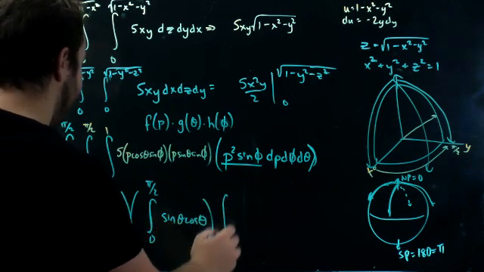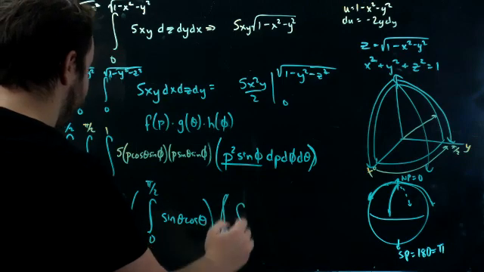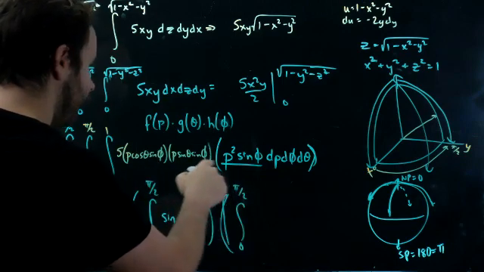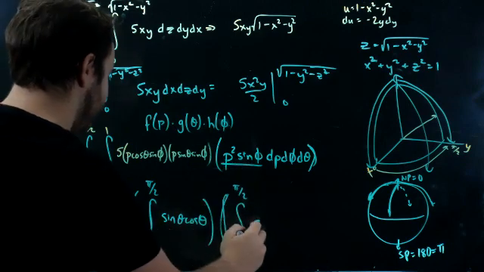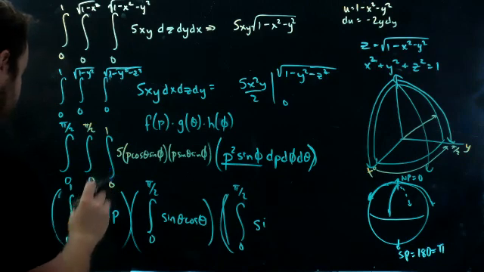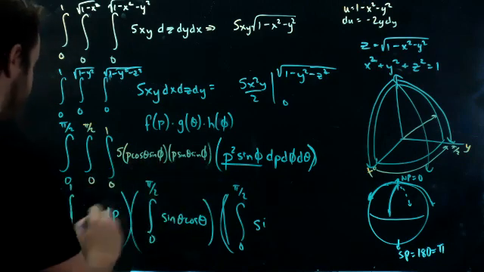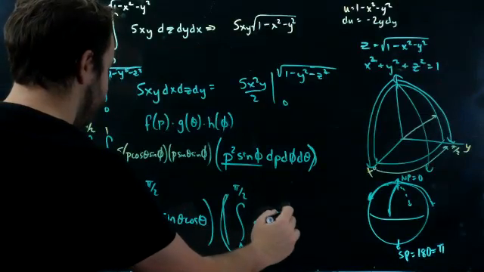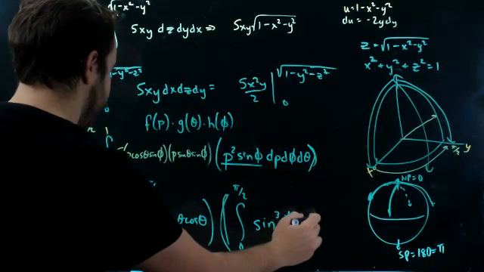And then I have times integral from 0 to pi over 2 of what ends up being sine, sine, and sine. So sine cubed. Oh, no, this would be a rho to the 4th, wouldn't it? There's a rho here, and a rho squared here. So that'd be a rho to the 4th. And we have a sine cubed of phi here.